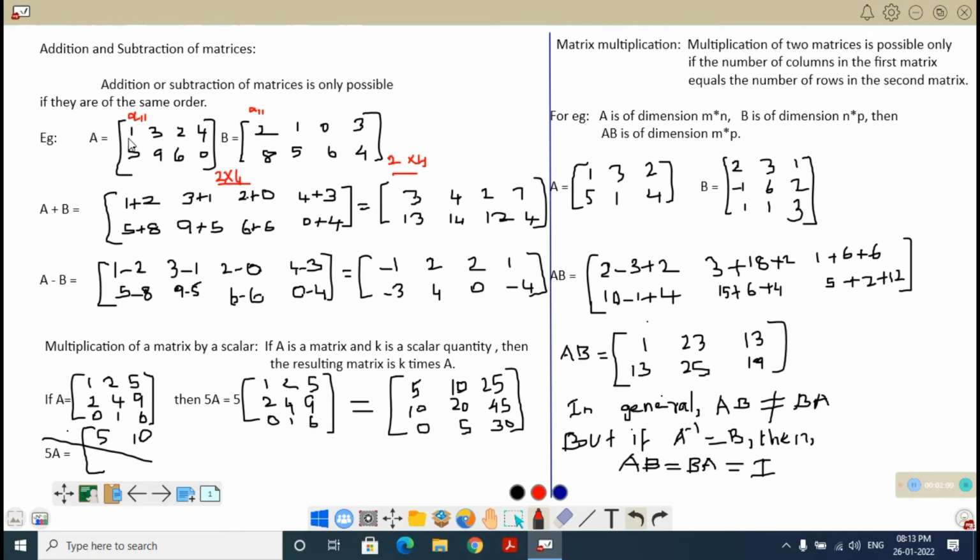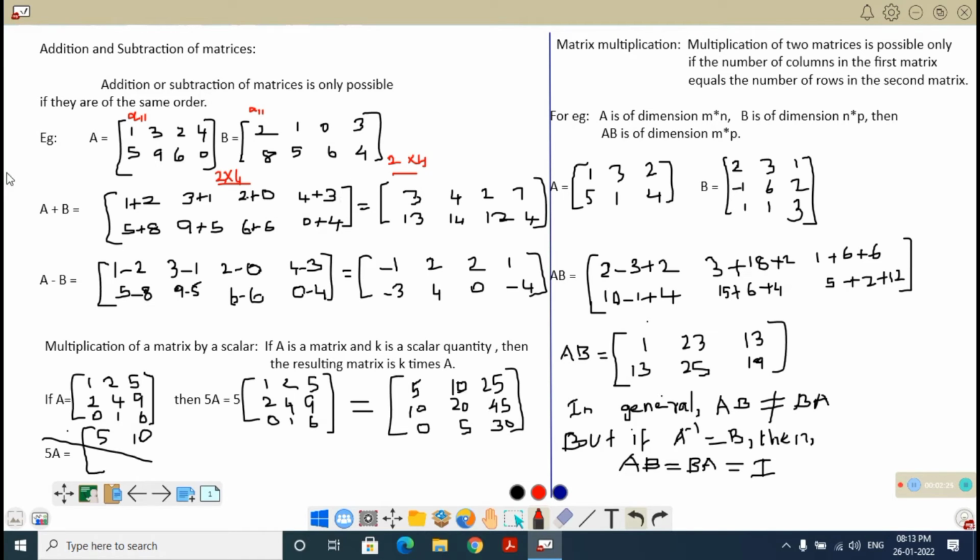So this A11 of matrix A must be added to A11 of the matrix B. So 1 plus 2. Similarly, the second element of the first row in A and the second element of the first row in B must be added. So 3 plus 1, 2 plus 0, 4 plus 3.